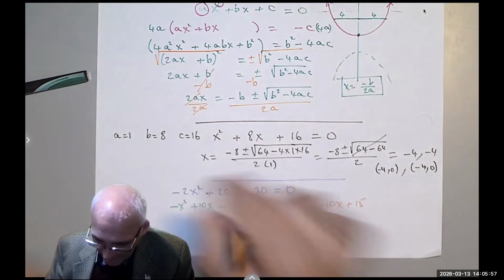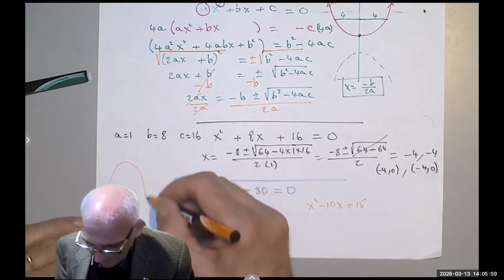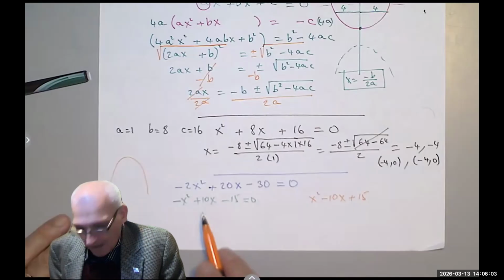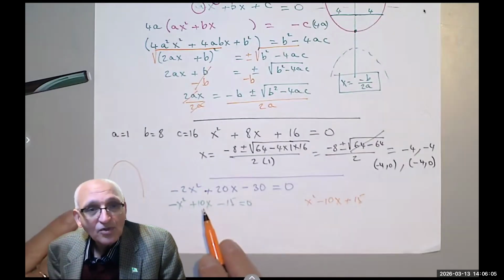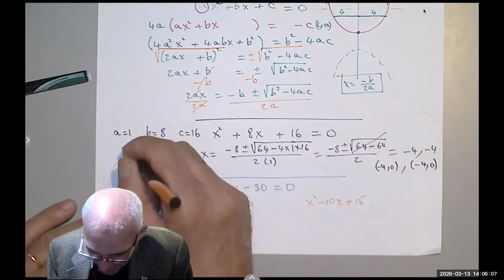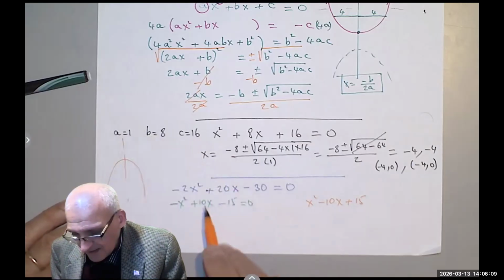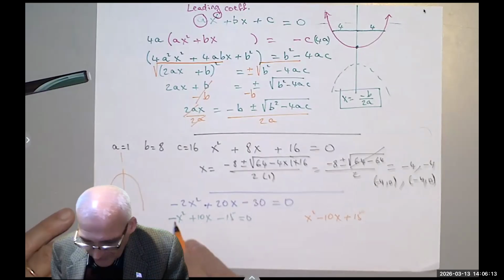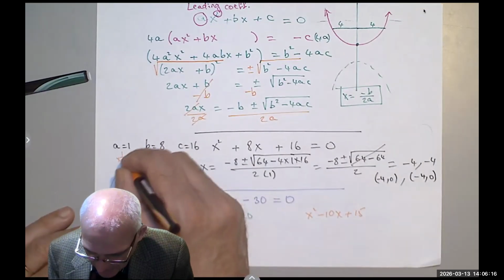This one is opening down. Remember, the x-coordinate of the axis of symmetry is negative b over twice a. Negative 10 over negative 2 is positive 5, x equals 5.